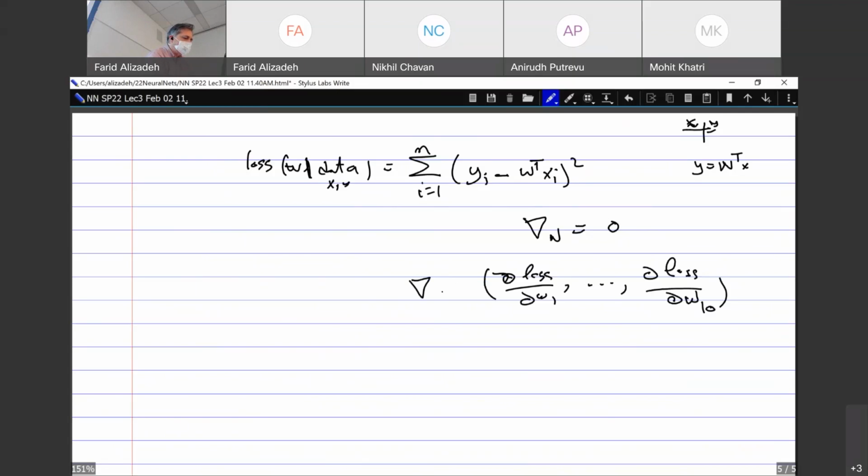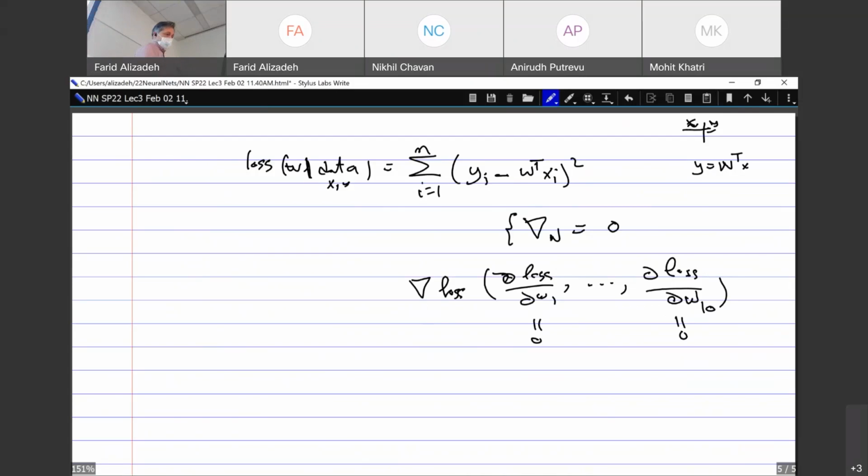That would be the gradient of loss. The minimization problem is trying to set this equal to 0. In other words, we're trying to solve a system of n equations in n unknowns. The unknowns are the parameters. We have as many derivatives as there are parameters.